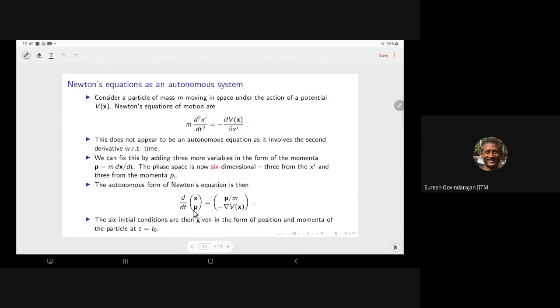So we add more variables, 3 more variables in the form of momenta p equal to m dx/dt, and now you will find the autonomous form of Newton's equations to be this. You can see here this is a 6-dimensional phase space.